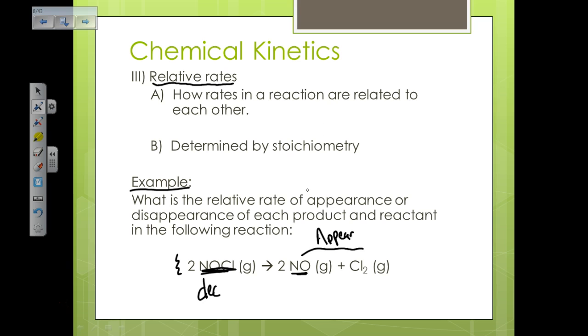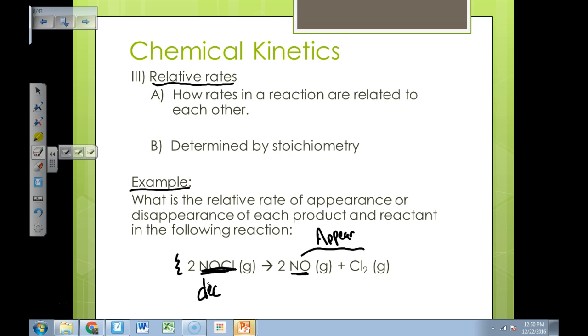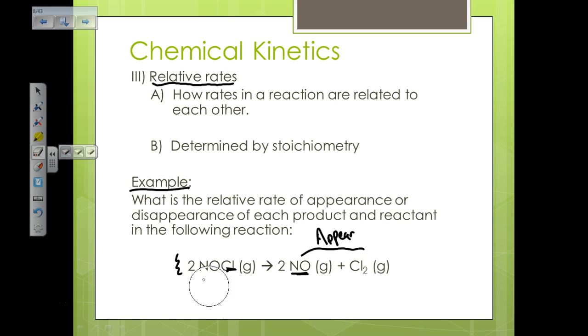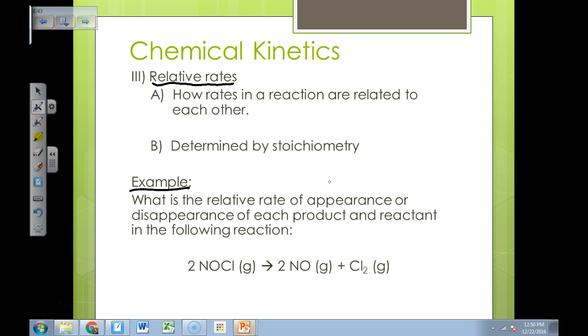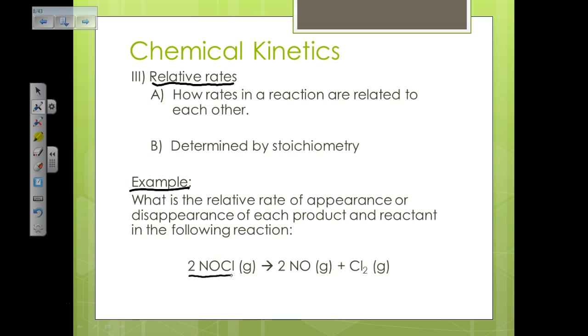Now for this question, let me clear this out a little. It says, what is the rate of appearance and disappearance in relation to each other? So for every two of these that we use up, two of these are made.